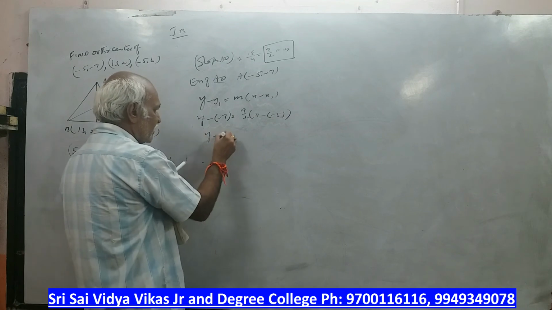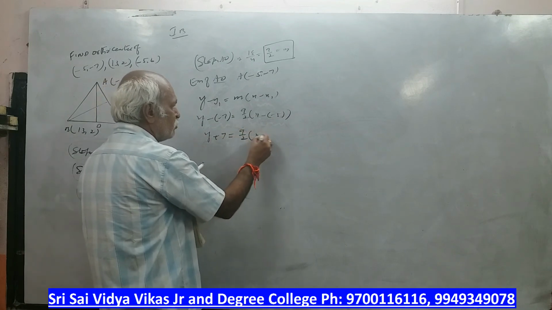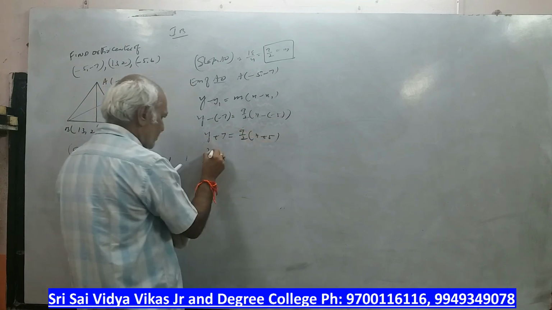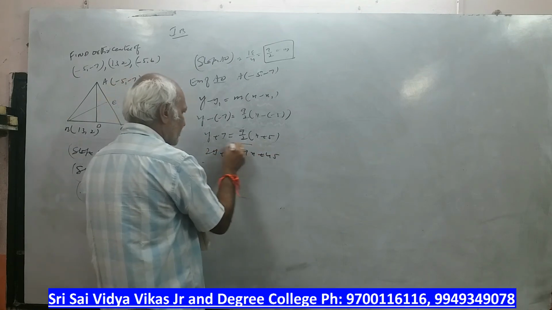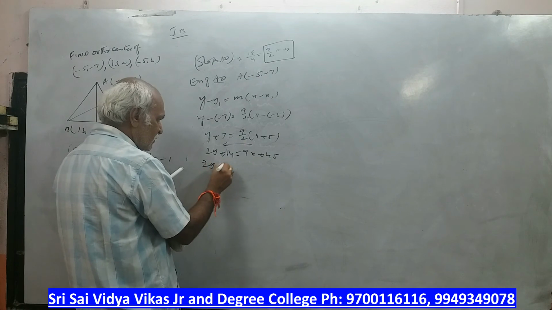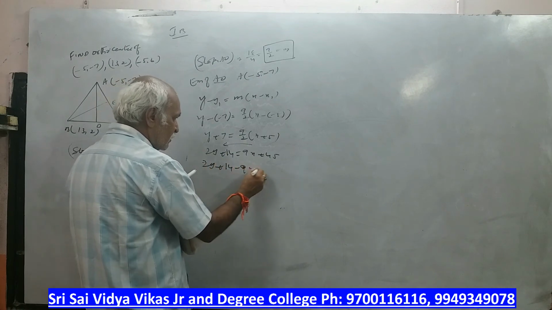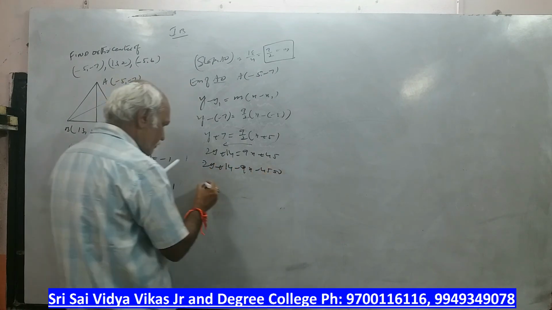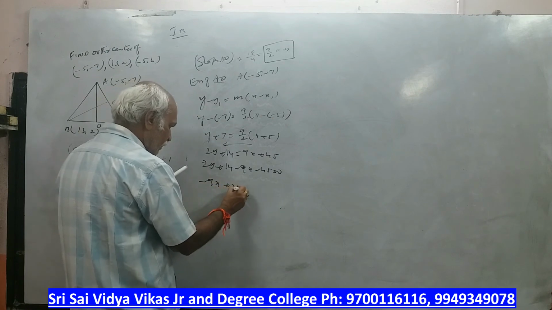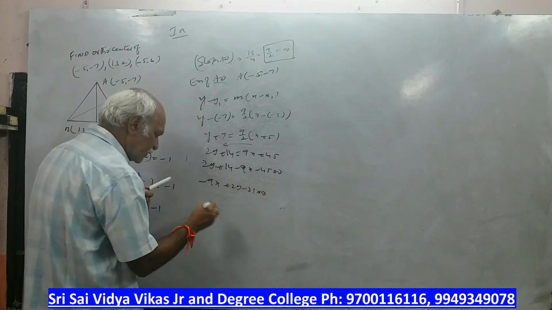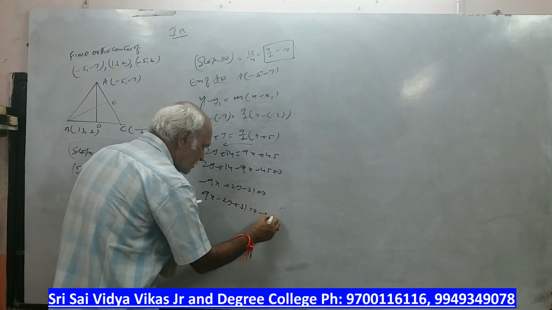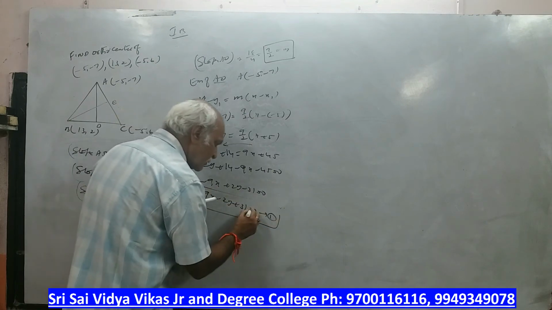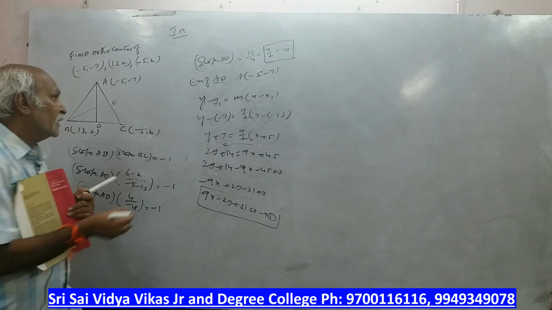So y plus 7 is equal to 9 by 2 into x plus 5, cross multiplication, plus 45. Bring the term this side. Remove the minus sign. 31. First equation. Right?